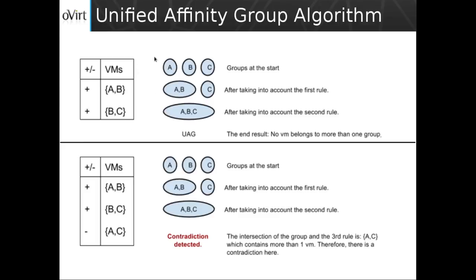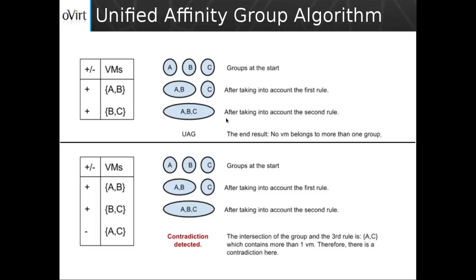So, for example, here you've got positive affinity group 1, which contains A and B, and another affinity group which contains B and C. So the algorithm starts merging them. First, by the first rule, you get A and B in one group and C by itself. Then when you apply the second rule, you get A, B, and C in the same affinity group.